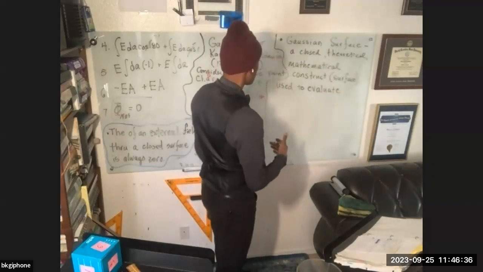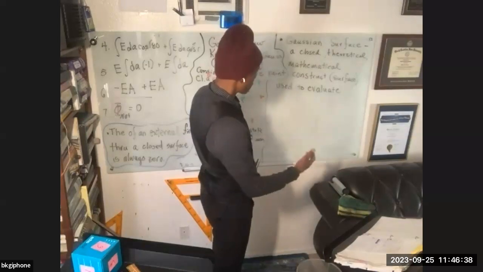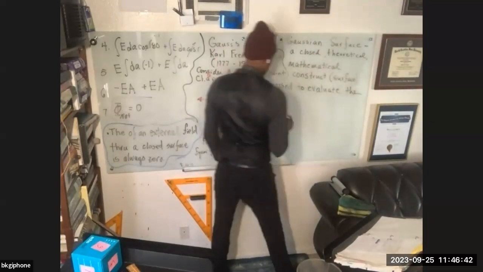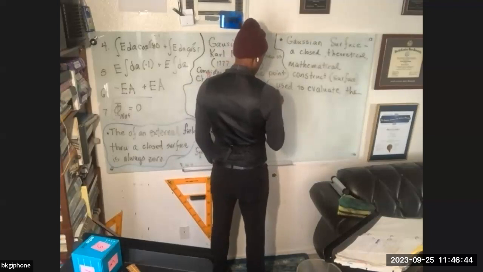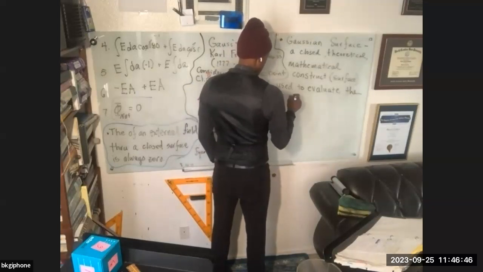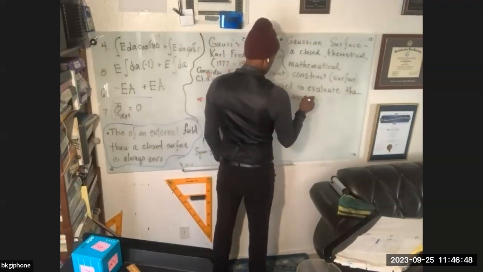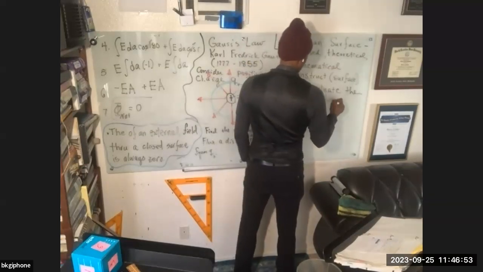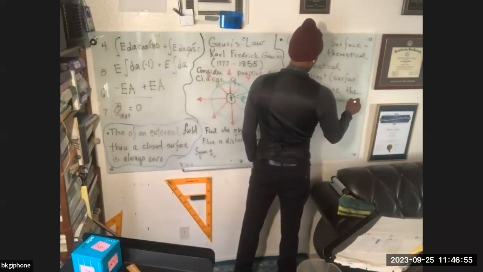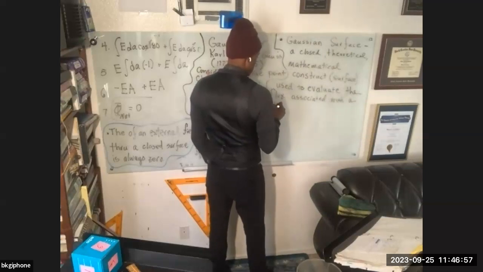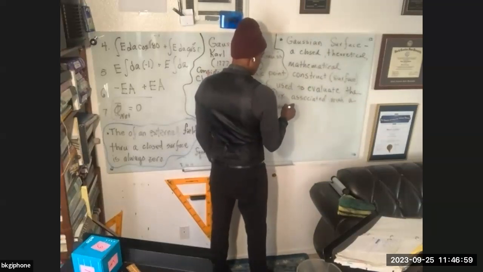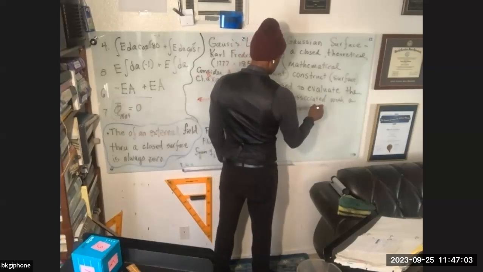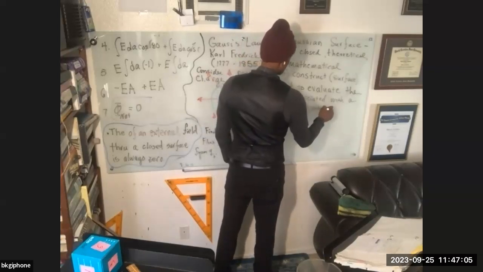So a Gaussian surface, a closed theoretical mathematical construct, surface used to evaluate the flux associated with a charge/mass distribution.